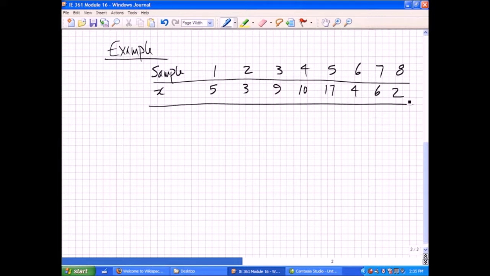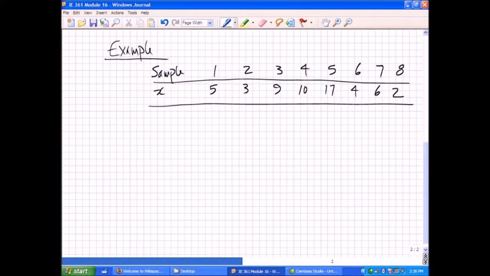Now, if it's the case that rational subgroup size, natural sample size, is only 1, that is, if it makes no sense to think of the 5 and the 3 as belonging to, or being guaranteed to come from, the same set of process conditions, or the 5 and the 3 and the 9 as guaranteed to come from the same set of process conditions.